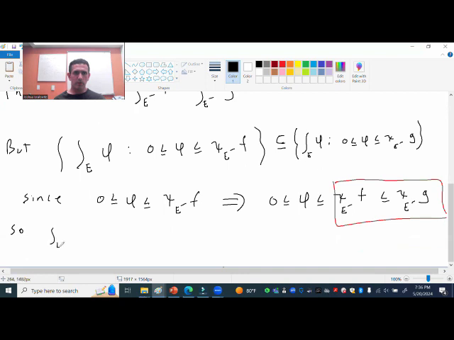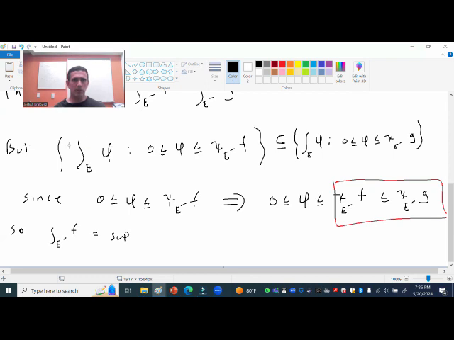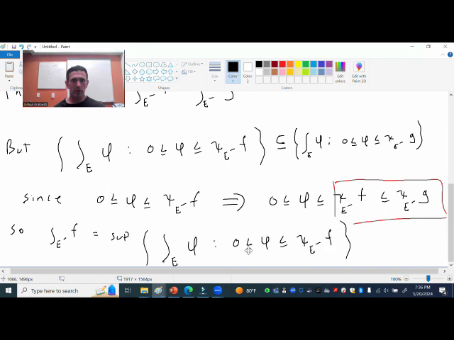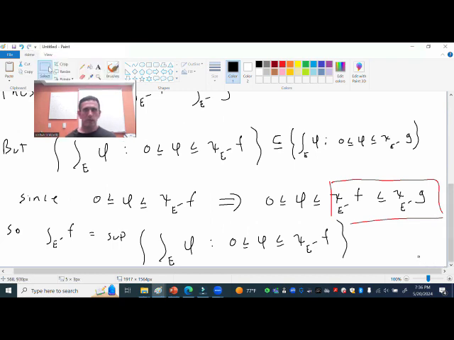So that means the integral over E prime of F is the supremum here. Do not want to rewrite this whole thing.